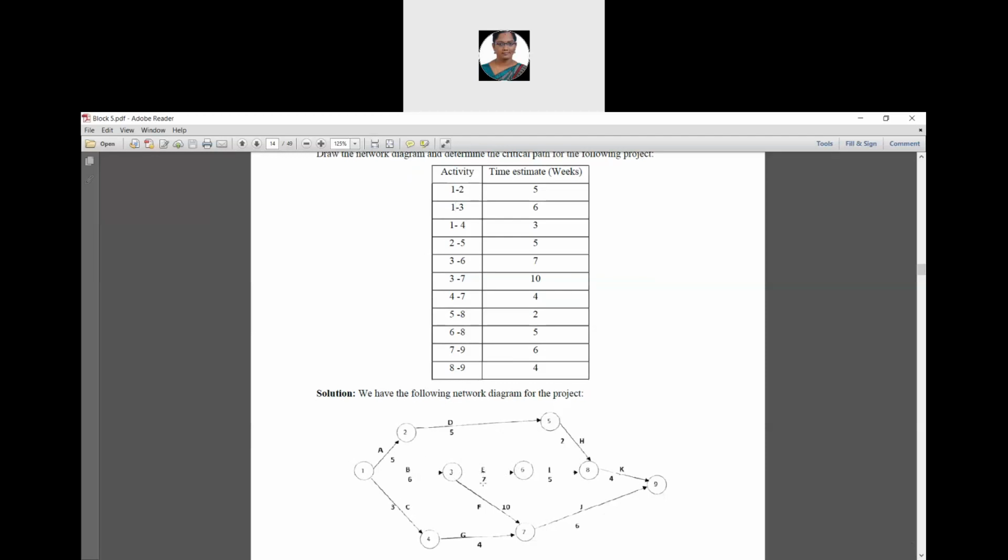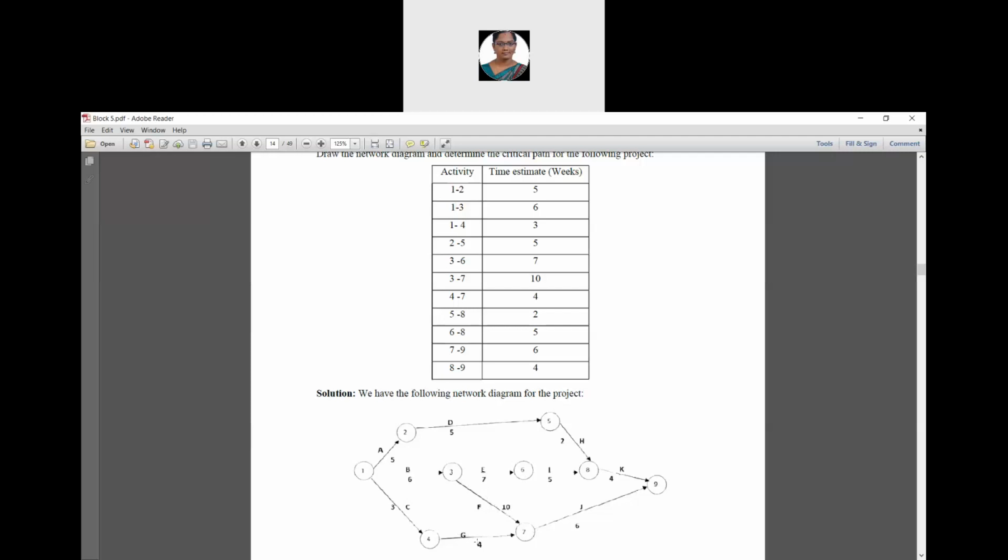Then 3 to 7 is there. So draw a path between 3 and 7. Its activity name is F and corresponding time duration value is 10. Then draw a path between 4 and 7. Its activity name is G and its time duration value is 4.